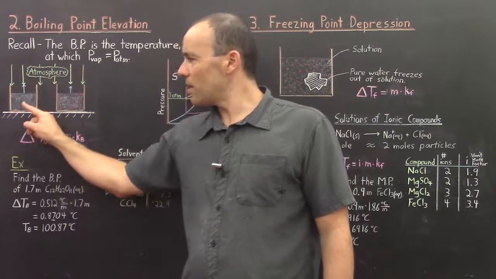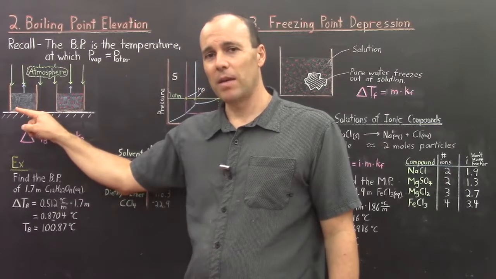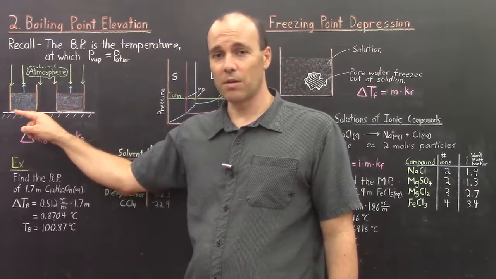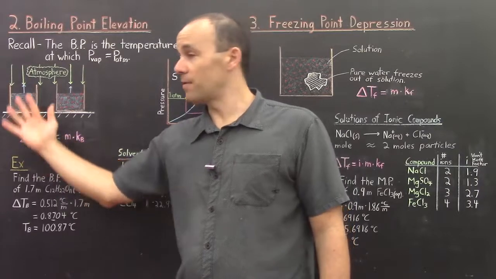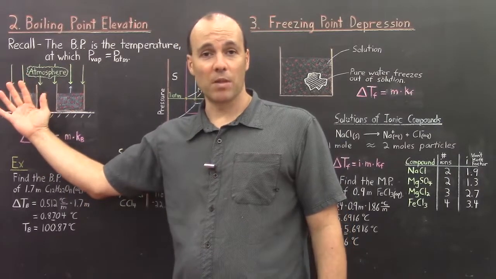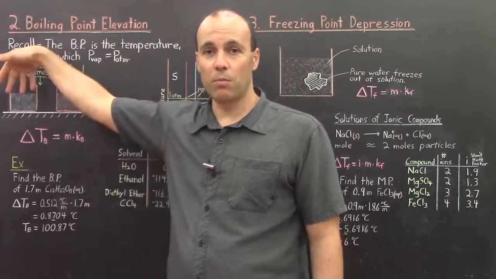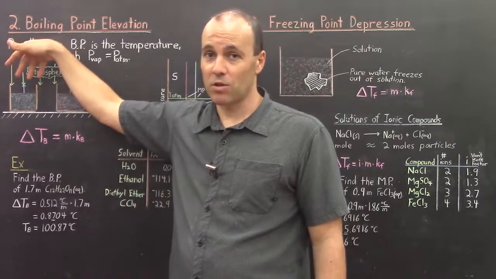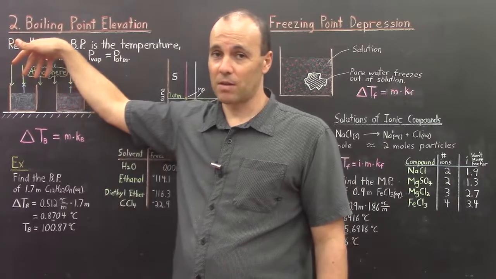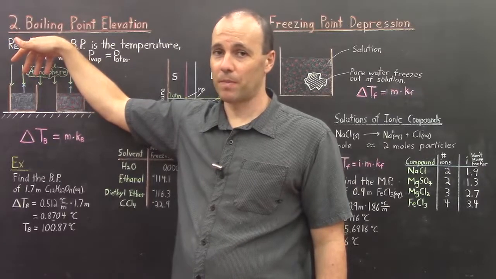Well, we know that the pure water will have to be heated up to 100 degrees Celsius, and when it reaches 100 degrees Celsius, its vapor pressure is 1 atmosphere, and that's why it starts boiling at that temperature, because that vapor pressure is matching 1 atmosphere, which is the atmospheric pressure.